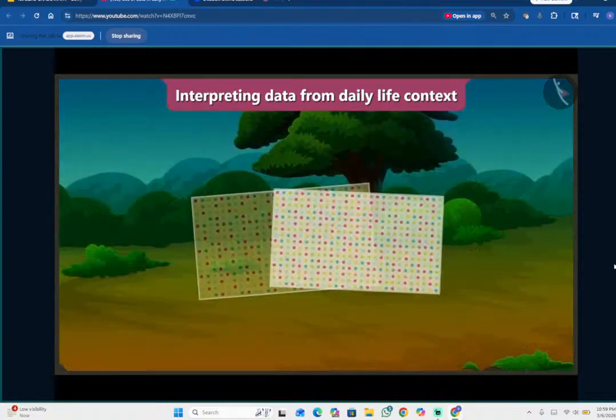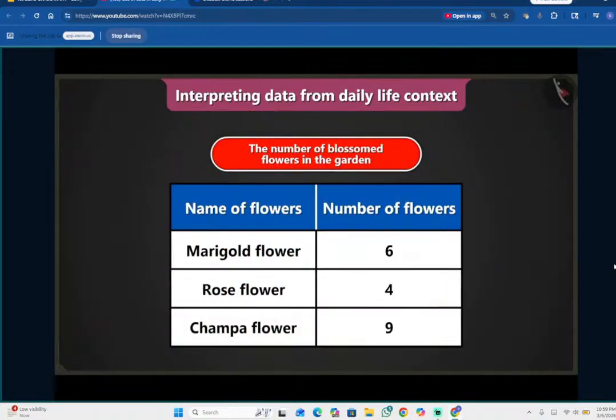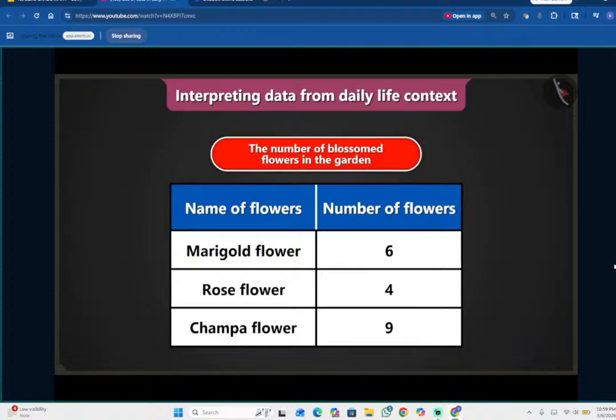Today, in this video, we will learn to interpret data from the table. Look, there are different flowers in this garden. How many flowers have blossomed? That data has been collected and filled in the table. That's why it has been written on the top of the table the number of blossomed flowers in the garden. There are 2 columns in the table.